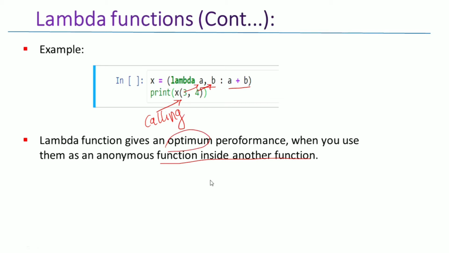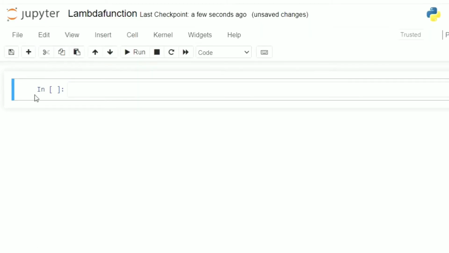Let's move forward. Let us see lambda functions with the help of Jupyter notebook. Let me go to the Jupyter notebook. Let me define the lambda function: lambda, with two arguments a and b, and depending on these two arguments I want to calculate the addition of a and b.